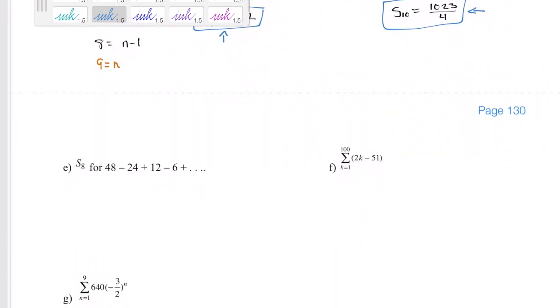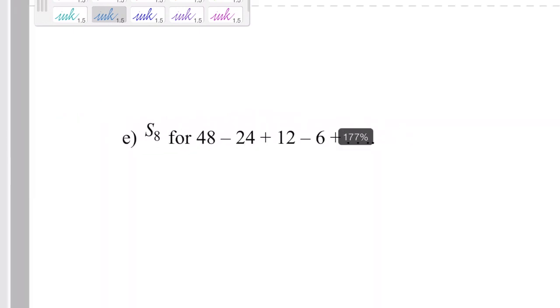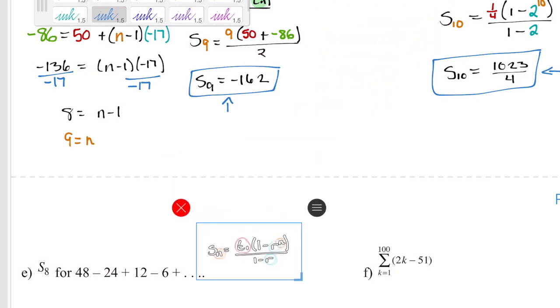So here we have our last three. We'll look at another series with just the numbers, and then we'll dive more into the sum, the sigma notations. Here I'm going from positive to negative, so I know that means I'm multiplying by something. I'm going to grab my geometric formula now.